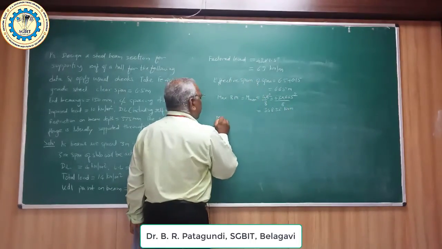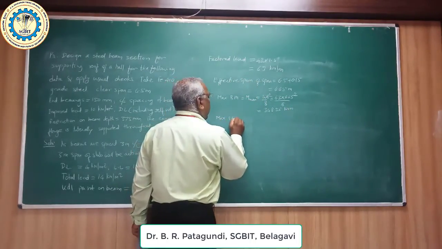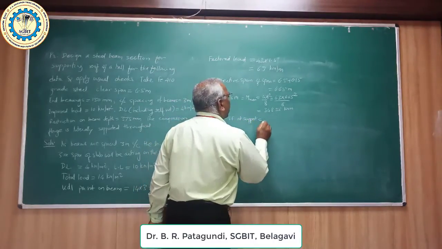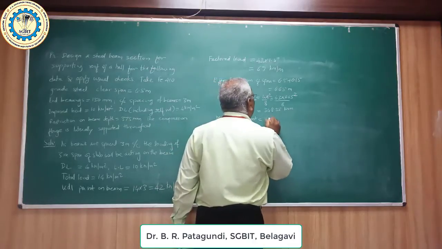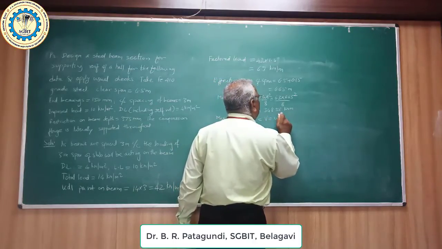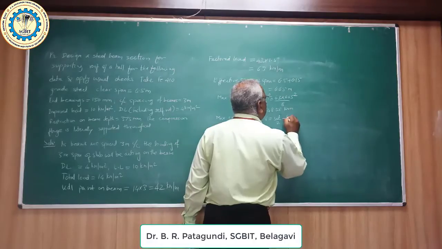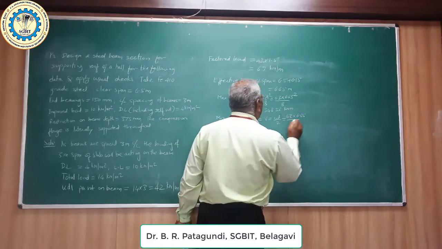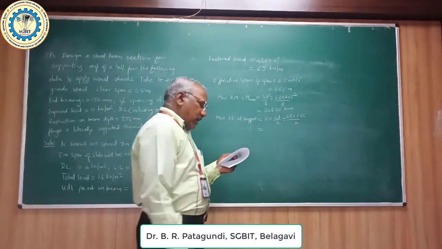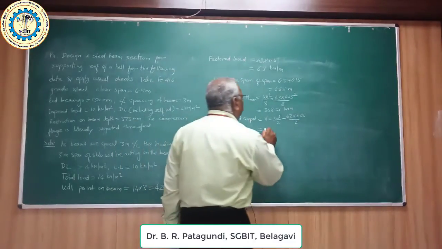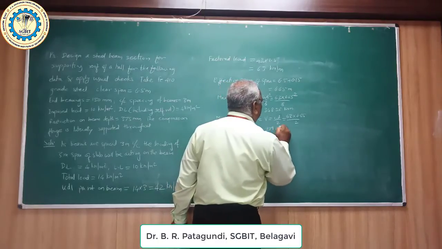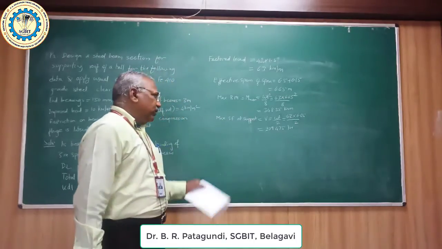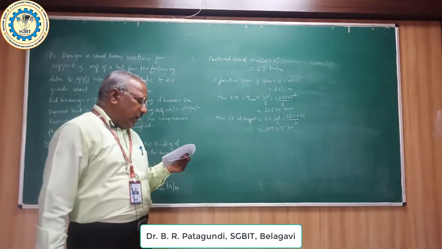The maximum shear force at support, V, is WL by 2. So, W is 63, L is 6.65, divided by 2. So, V equal to 209.475 kilonewton. So, the maximum shear force acting on the beam equal to 209.475 kilonewton.